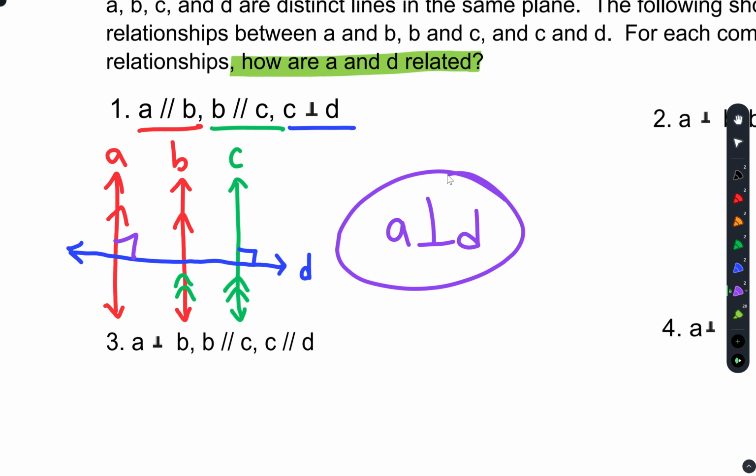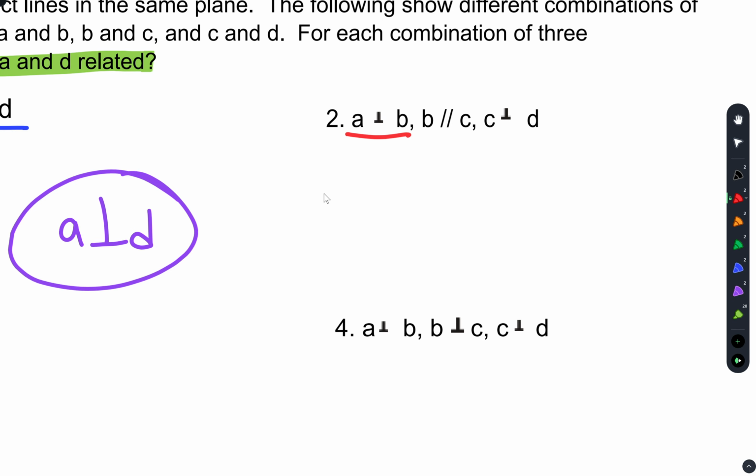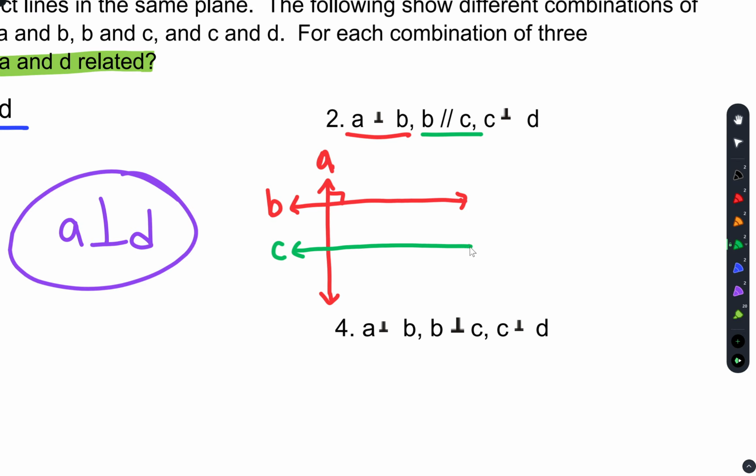Any questions on that? Okay, let's do another one. Again, I'm building this universe of lines here. I have A perpendicular to B. I have B parallel to C. And then I have C perpendicular to D. What then is the relationship between A and D?